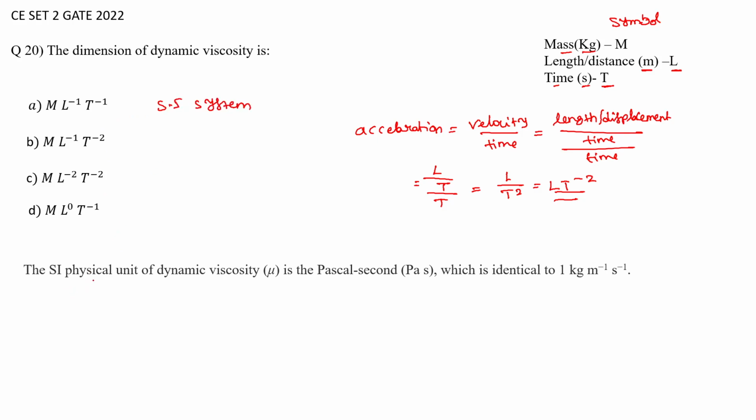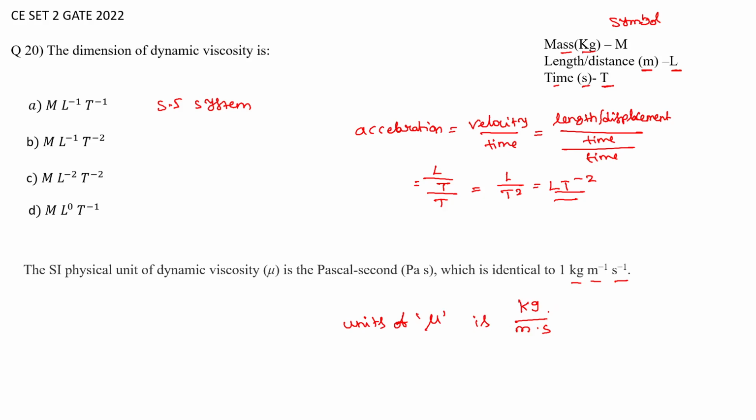The SI physical unit of dynamic viscosity mu is the Pascal second, which is identically equal to 1 kg per meter per second. So kg per meter per second is the unit of dynamic viscosity.